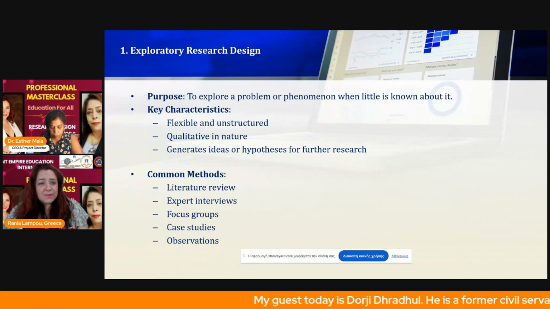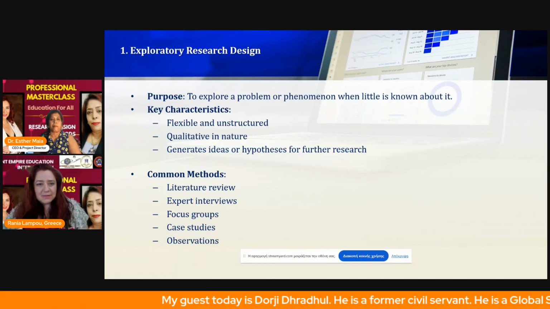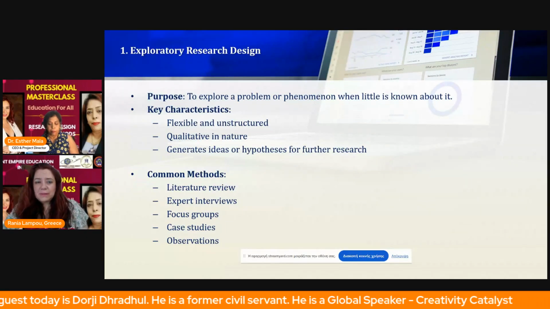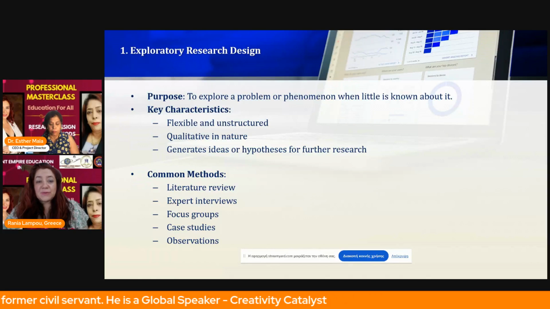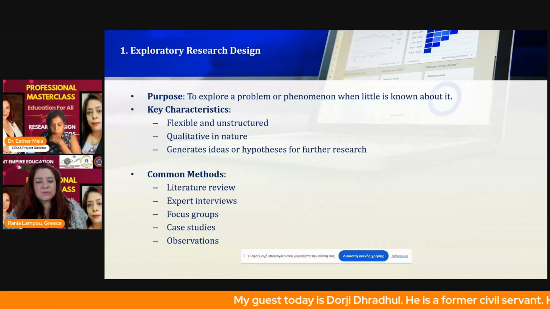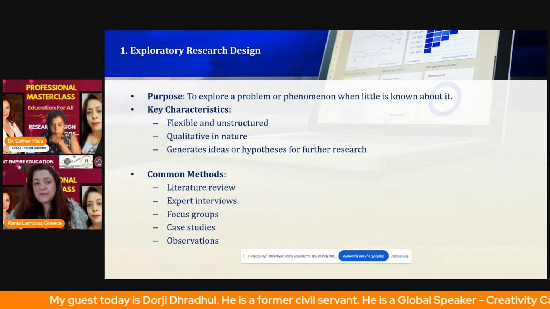The first one, exploratory research design, aims to explore a problem or phenomenon when little is known about it. The key characteristics are that it has a flexible and unstructured design. It's qualitative in nature, generates ideas or hypotheses. And the common methods used here are literature review, expert interviews, focus groups, case studies, and observations.